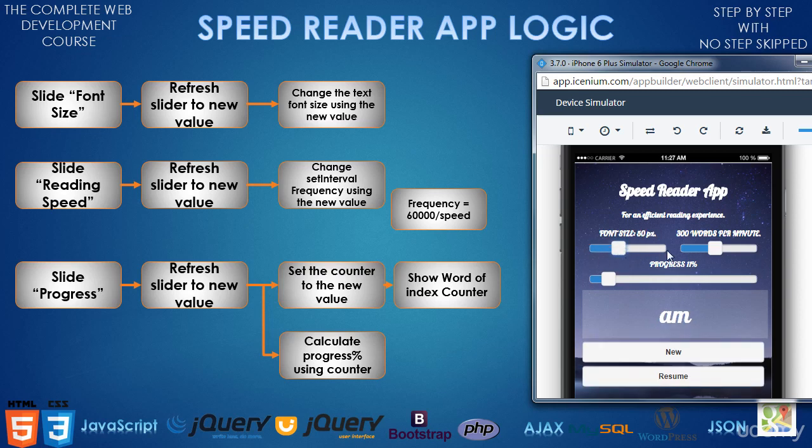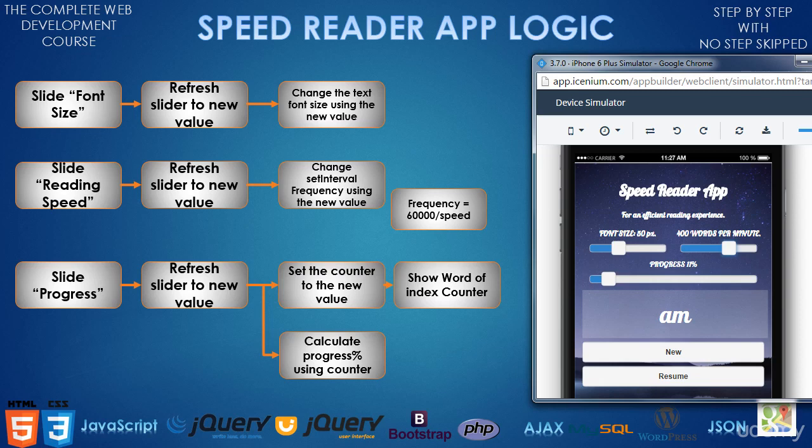Now, if we look at the reading speed slider, it's going to be the same. So once we slide, first of all, we need to refresh the slider so that it got the new value. And then we are going to change the frequency of the set interval function that we were using before to do those loops every 200 milliseconds.